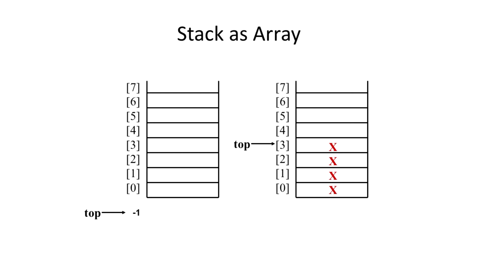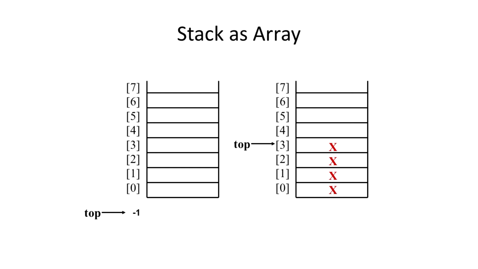And as you can see here on this diagram, if there are no items in the stack, top will have the value of -1. And then when the first item is added to the stack, because that item is stored in the 0 element of the array, top would then be incremented to become 0. And then from there, as we keep adding items to the stack, we keep incrementing the value of the top variable so that it refers to the top element of the stack.